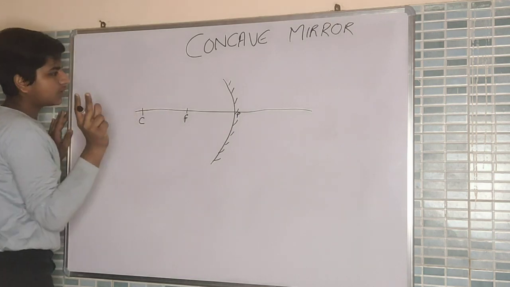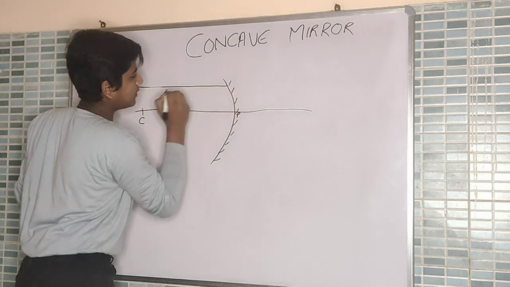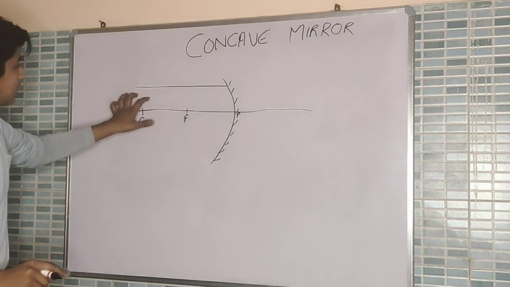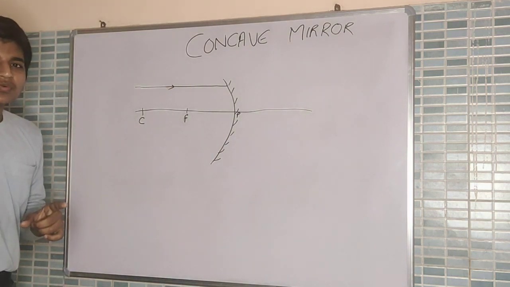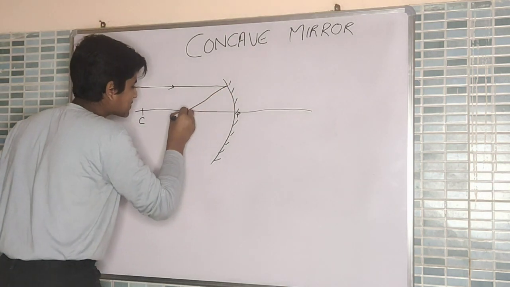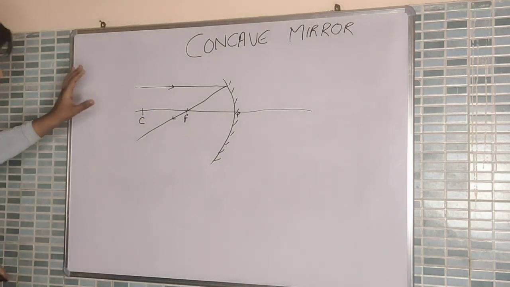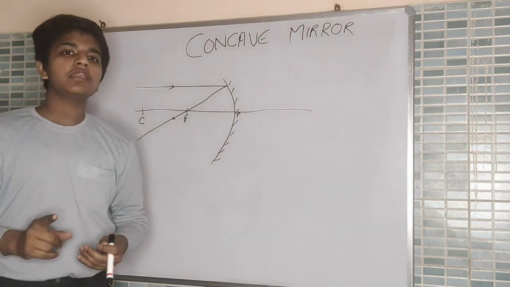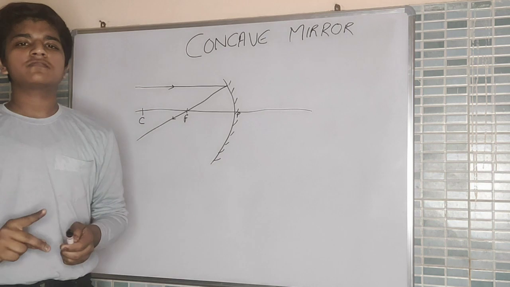So I'll be taking a ray of light that is parallel. Remember the image formation rule. Whenever a ray of light is parallel to the principal axis, it will pass through focus. You're being smart day by day, man. Yes. The next thing. I have told you that for making an image, you are supposed to take minimum 2 rays of light.